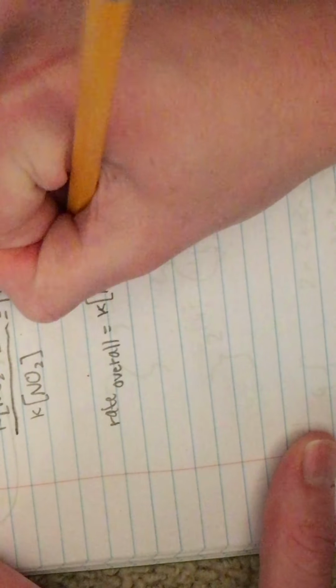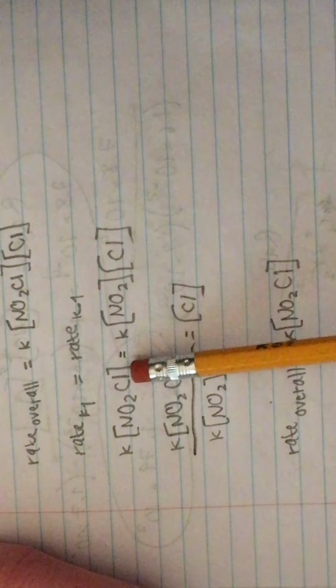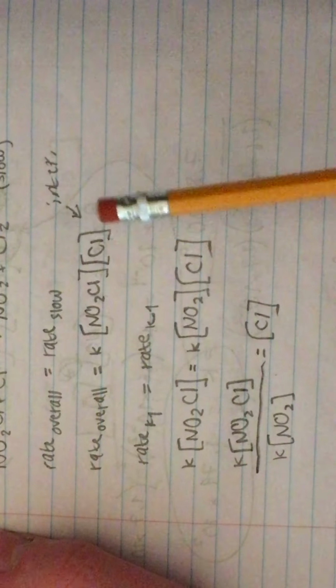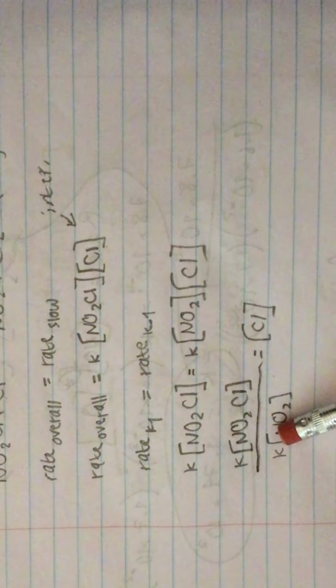Finding the rate overall is equal to K times NO2Cl, right? The exact same as what we have right up here so far, except for this intermediate, we're going to plug in what we just found.